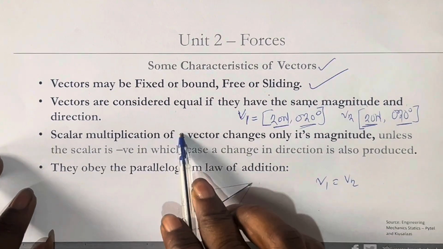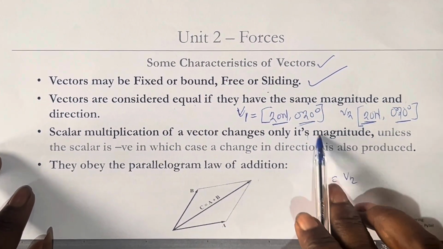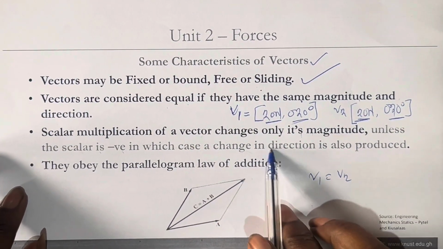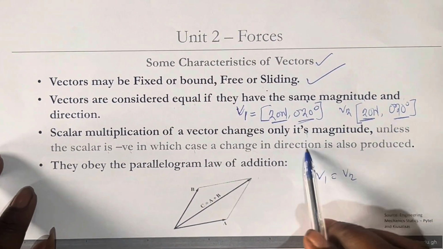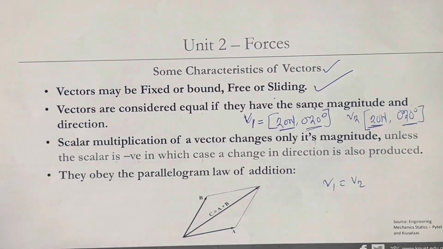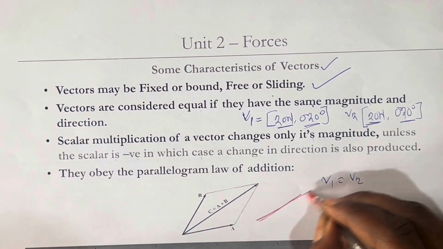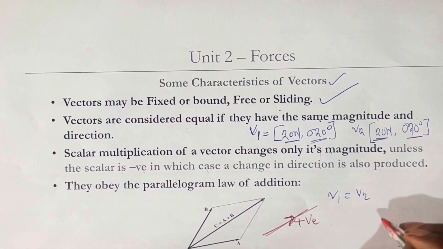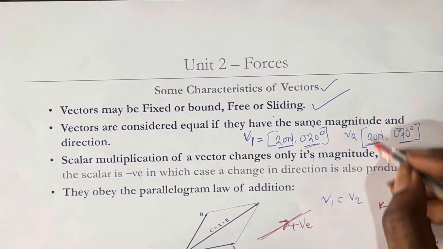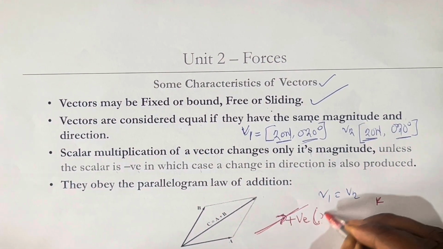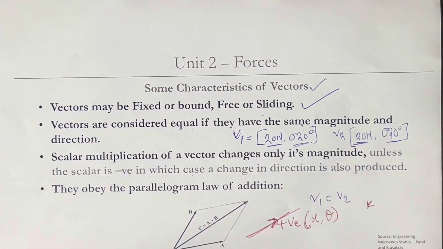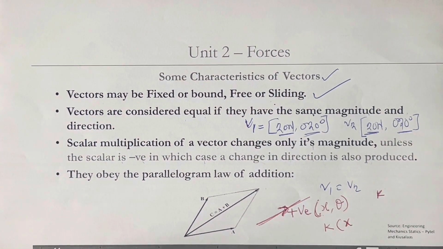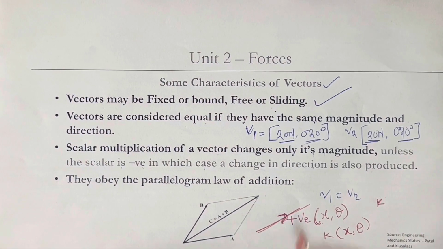And scalar multiplication of a vector changes only its magnitude, unless the scalar is negative, in which case a change in direction is also produced. Let's say a vector is positive V, and I have a scalar quantity k, and I multiply the vector quantity, with magnitude x and direction theta, by k.